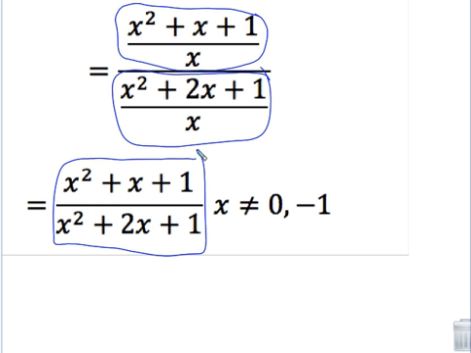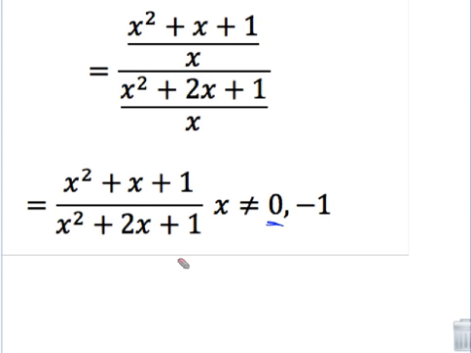The terms that would make the denominator equal to 0, let's see. Right now I have x cannot equal 0. I'm still trying to figure out that one. Oh, you know what? I got it from the original equation. So from my composite function, the only restriction I have is x cannot equal -1.